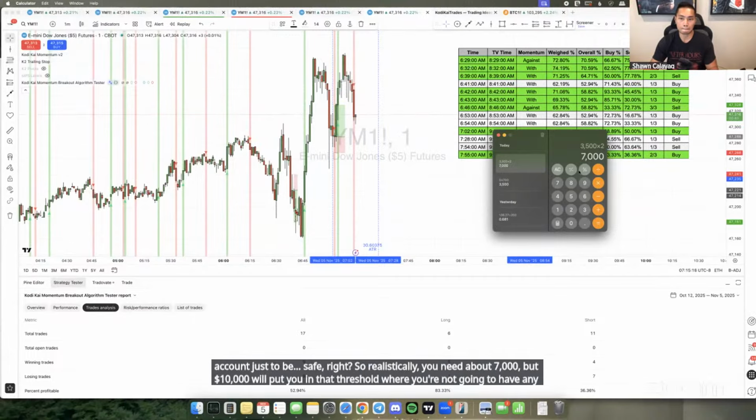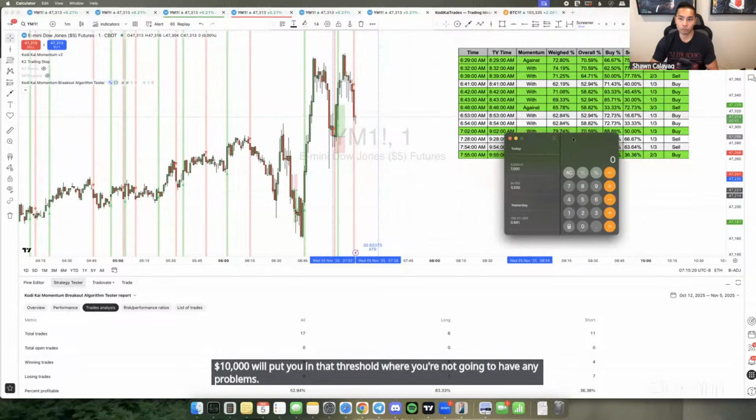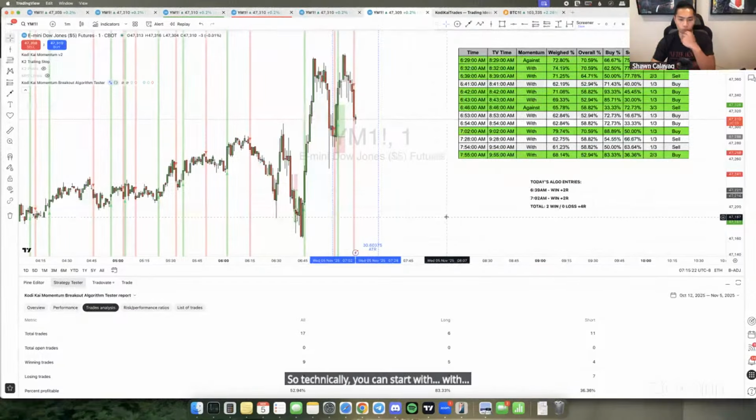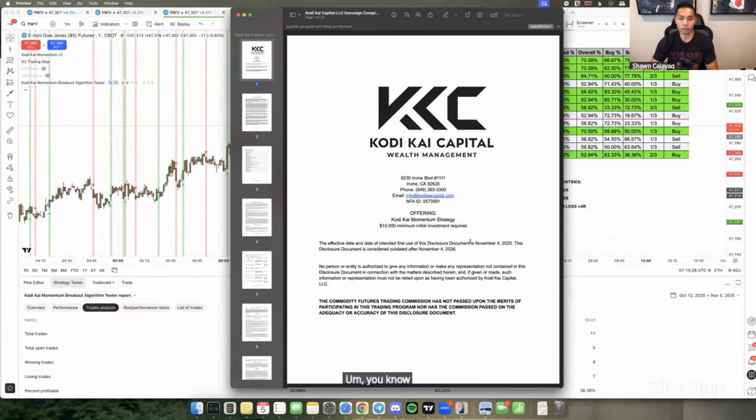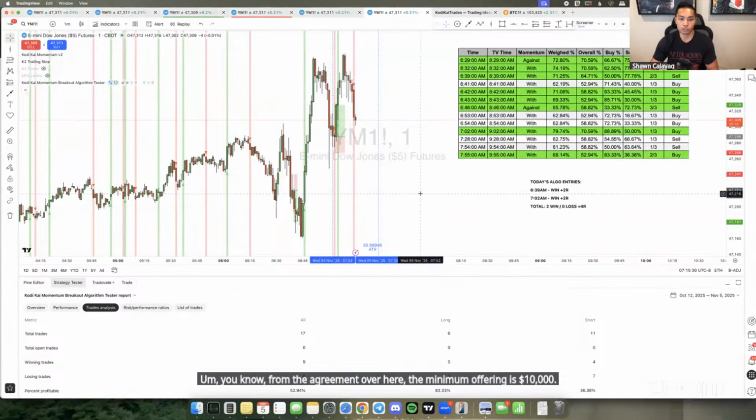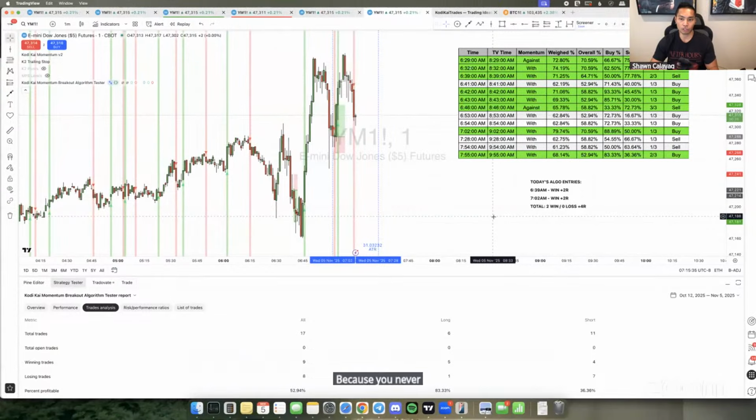So technically, you can start with less, but I'm not going to take your account if it's less. From the agreement over here, the minimum offering is 10,000. That's to make sure that your account's healthy and you don't ever go near your margin, because you never want to get margin called. That's the worst. If you get too many margin calls, the broker's going to close your account.